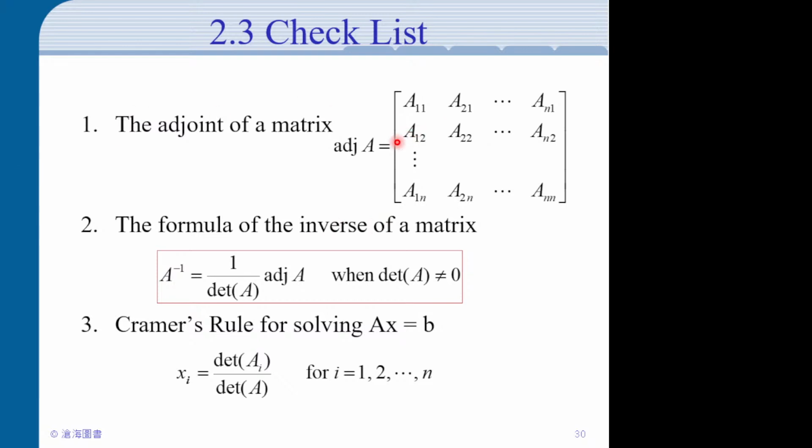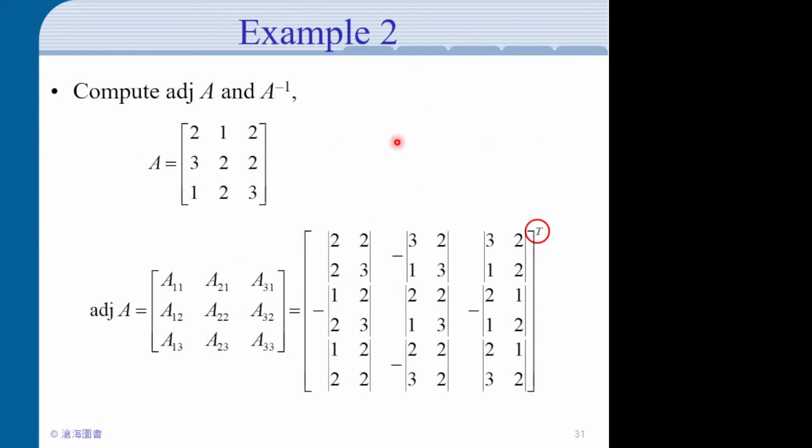First we define an adjoint matrix, which we have an example of here. So the adjoint matrix is basically you put the cofactors all together as a matrix. Here you can see A, and the cofactor, so A11 is a cofactor of 2, the determinant of this matrix.